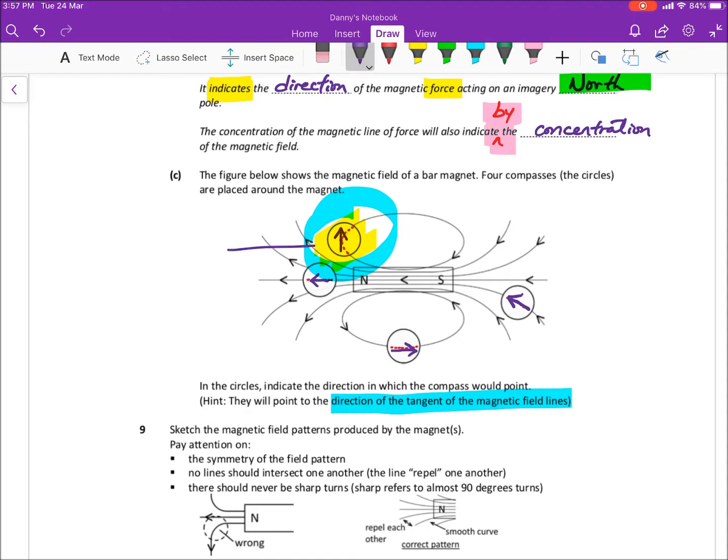So if I zoom into this, the field line will be like this. This is my field line, and I am putting my compass right here. This is the center of the compass, so my pointer will point this way. That's how you get it.